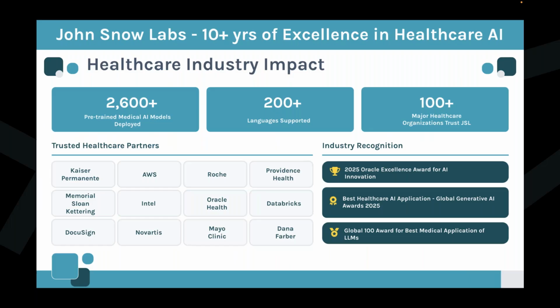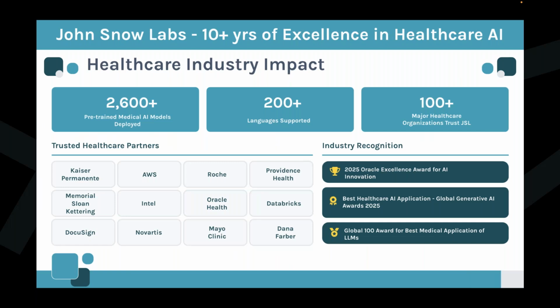In open source, we have more than 130,000 models. But in healthcare, all these models are developed and maintained by our healthcare NLP team. I've been leading the healthcare NLP team for the last 5 years at Johnson Labs. So I can proudly say that we are already supporting more than 100 major healthcare organizations across the globe.